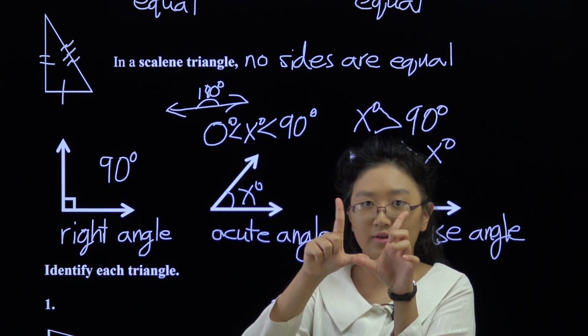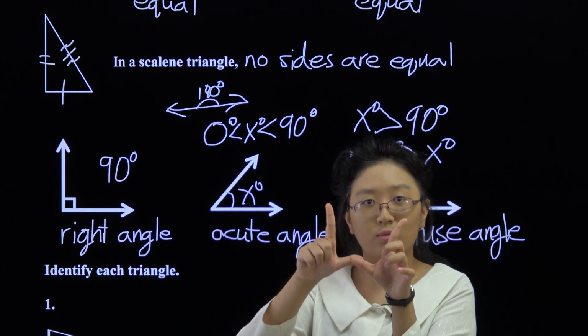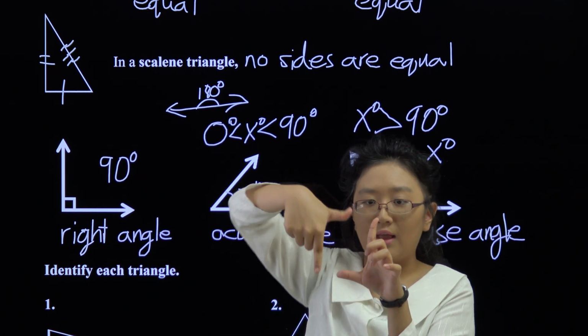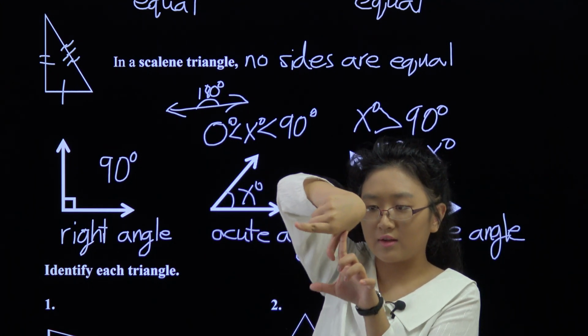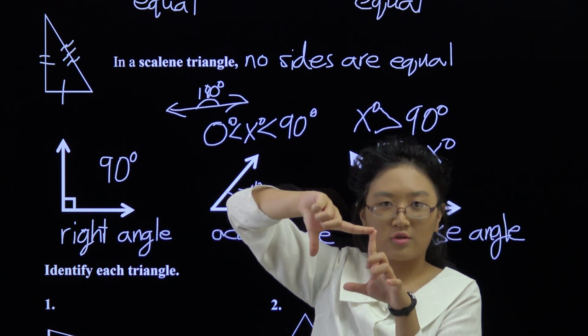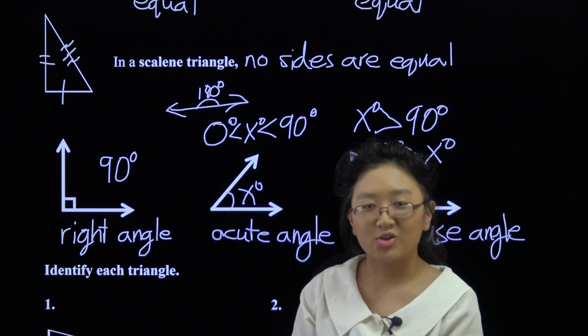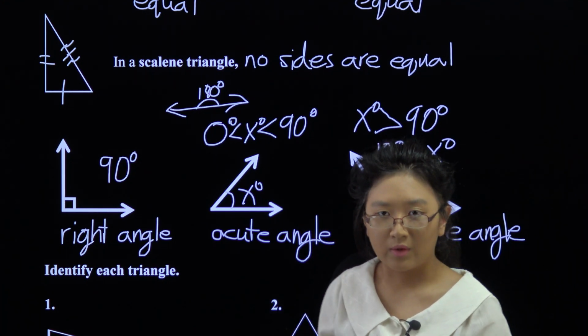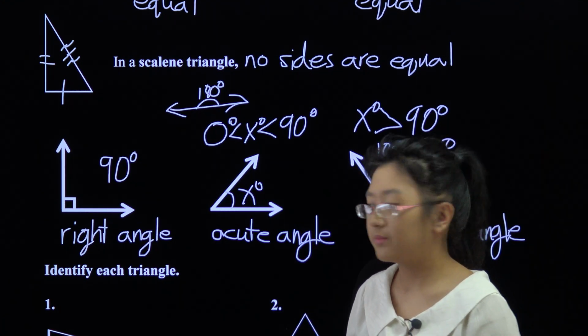Because this is the third side. Well, that doesn't work. And if you say that it's like this, it still doesn't work. And this also still doesn't work. So triangles can only have one right angle at most.